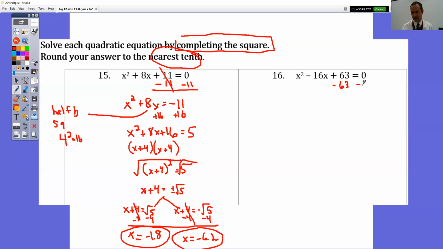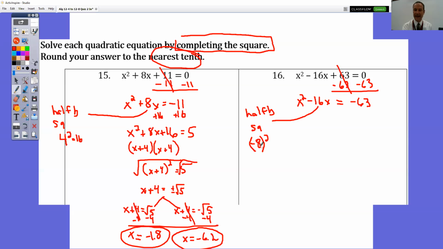We're going to do minus 63 and minus 63 first. So x squared minus 16x equals negative 63. We want to take half of our b value and then square it. So half of negative 16 is negative 8.